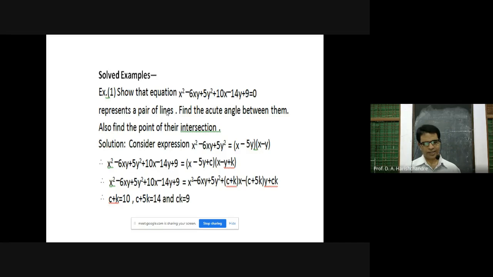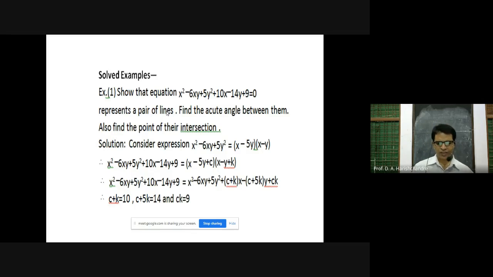x square minus 6xy plus 5y square plus 10x minus 14y plus 9 is equal to, take the product on the right hand side, so that you are getting x square minus 6xy plus 5y square plus, in bracket, c plus k into x minus c plus 5k into y plus ck. Now compare both sides.